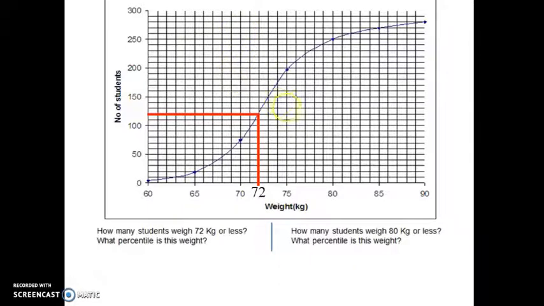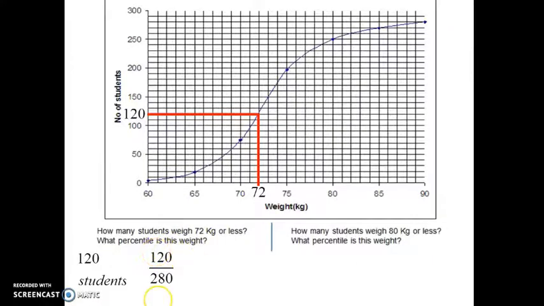When you go across, and you trace it back to here, this is at 120. That tells you that 120 students have a weight of 72 or below. There's 120 students, and above that are the rest of the students, which is 160 more to take us to 280. So 120 students have that weight or below it.